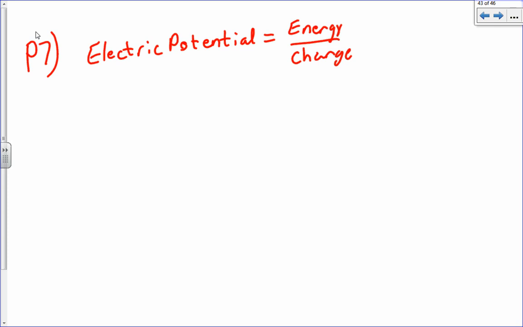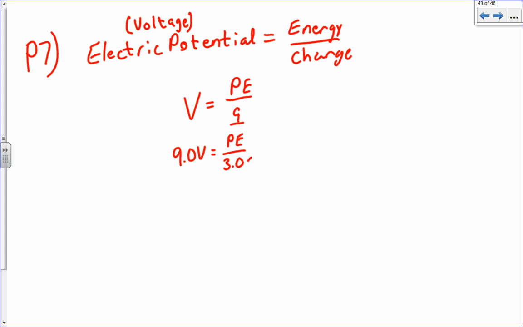So it's related to the potential energy, but it's a potential energy per charge. So how much potential energy does each charge have? We would say V is, I'll call this potential energy over Q. So for problem number 7, my voltage, or my potential, we commonly call this voltage, electric potential, is 9 volts, and it's equal to the potential energy over the amount of charge that it moves, 3.0 coulombs.